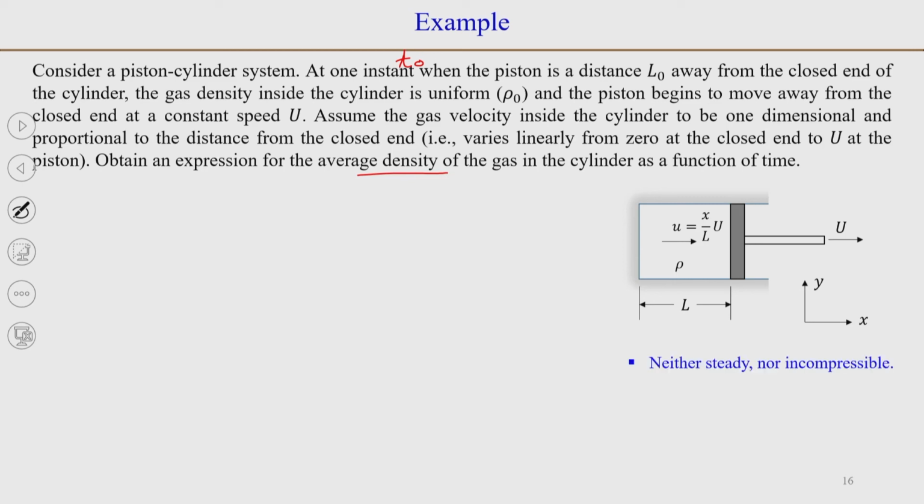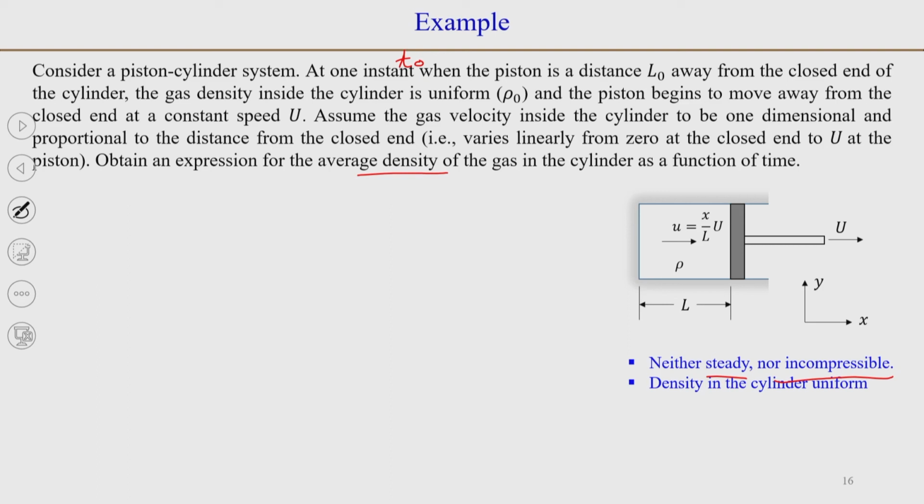If we look at this flow, the flow is not steady, because the volume is expanding and the gas is inside the system, so the density is going to change with time. So, the flow is not steady and density is not constant, so the flow is not incompressible either.